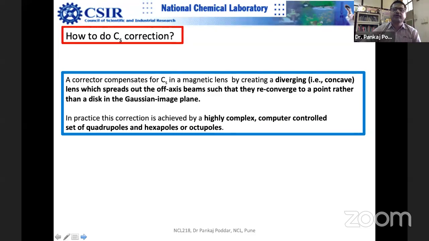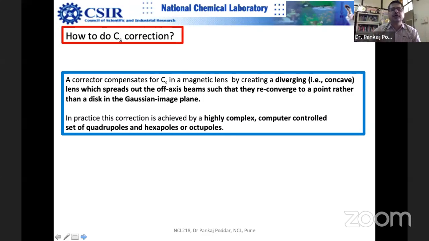These are highly complex computer-controlled quadrupole, hexapole or octopole elements that make Cs zero. So Cs is non-zero, and when you add those correctors, Cs comes down to zero.